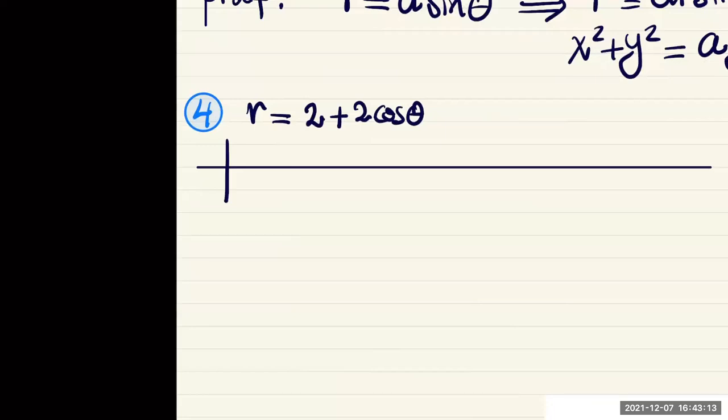Begin with 0. Plugging 0 here, cosine of 0 is 1. 2 plus 2 is 4.